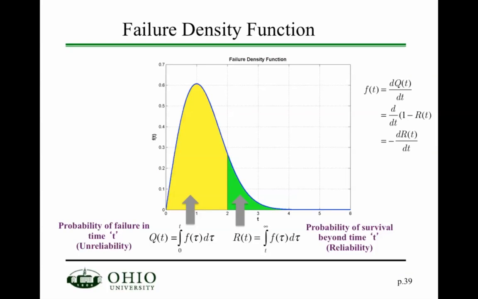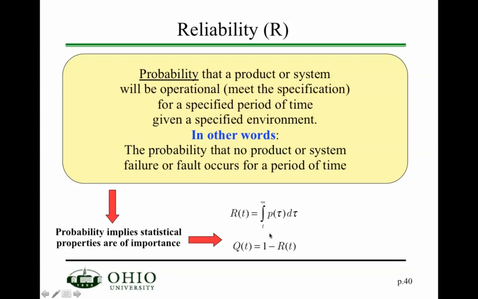And we saw this in the previous example: this area underneath the curve represented the probability of survival beyond time t. What's my probability that I'm still working longer than 2 hours in this case? I'm surviving beyond 2 hours. That is what reliability is all about.